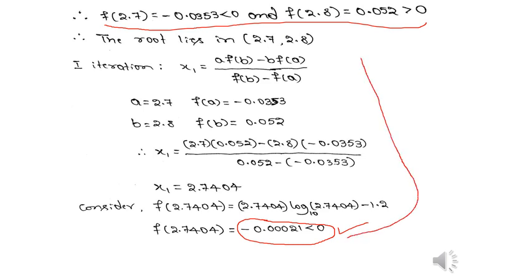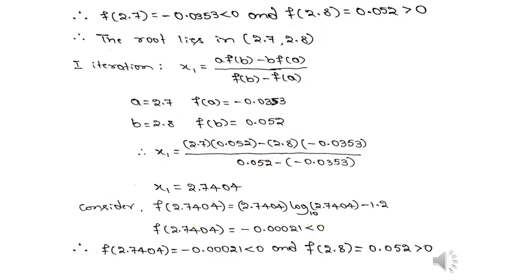Where it is? Yes, here, because it is positive. So what we can conclude, our root lies between 2.7404 and 2.8. So we can write the conclusion. We have listed it is negative and it is positive. Now we say root lies between those two.